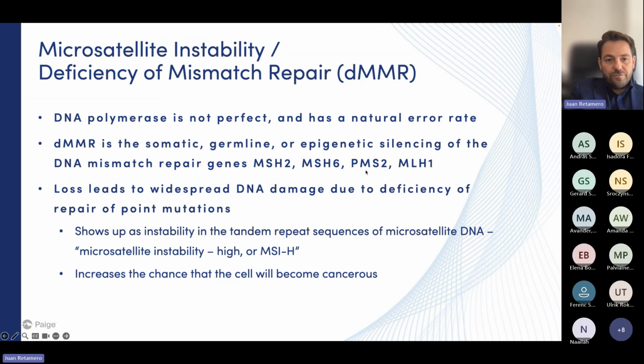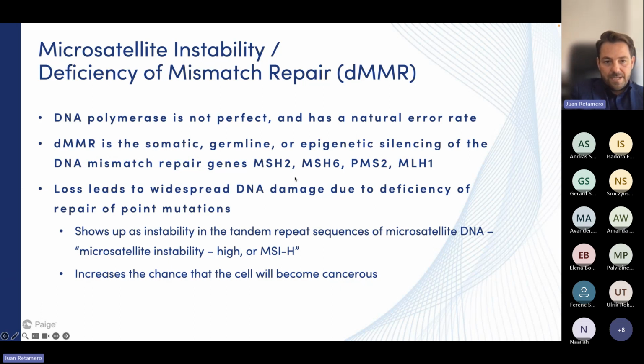Thankfully, there is a cohort of genes, and proteins encoded by these genes, whose job is to patch up and mend the errors made by the DNA polymerase. So when all of these genes function normally, they patch up and fix all the errors made by the DNA polymerase.